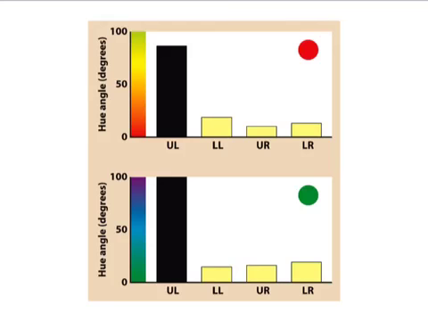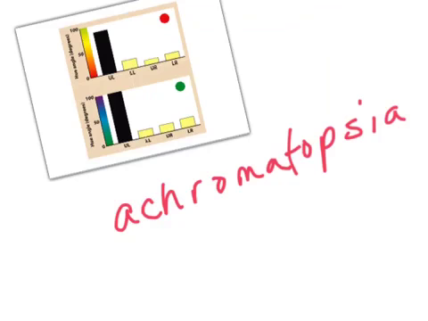And then looking at the upper left here, it looks like he wasn't ever able to quite distinguish a difference between the hue presented and the sliding gradient of hues. So again, the difficulty or visual impairment of colors is called achromatopsia.